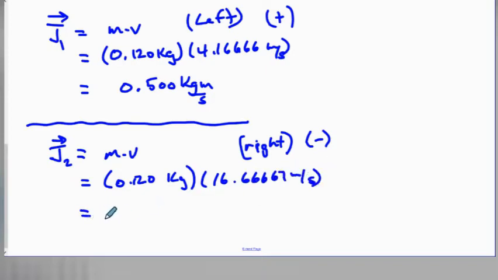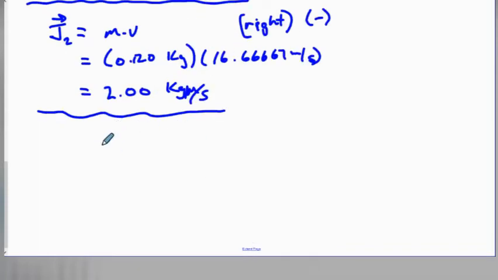And what we're going to see is this comes out to be a really tidy number at 2 kilogram meters per second. Okay. So the first question said, what is the impulse? Well, the impulse, that's what the stick did, impulse caused by the stick.